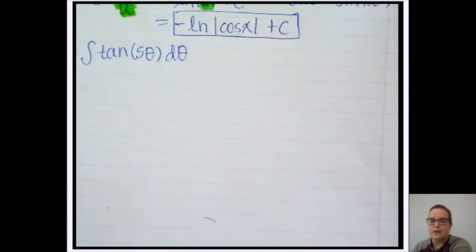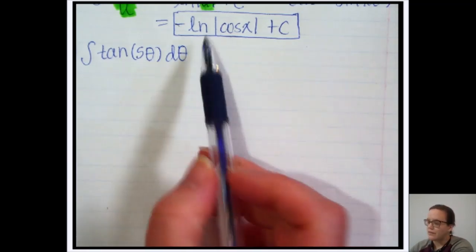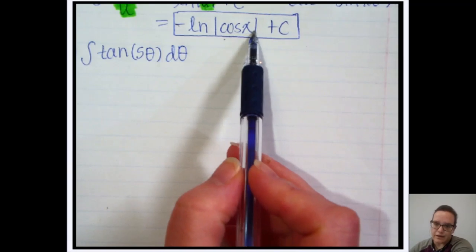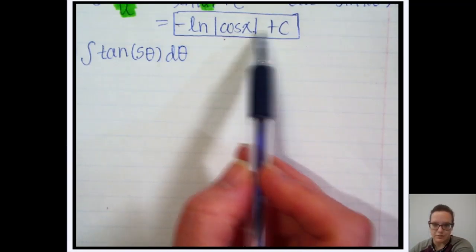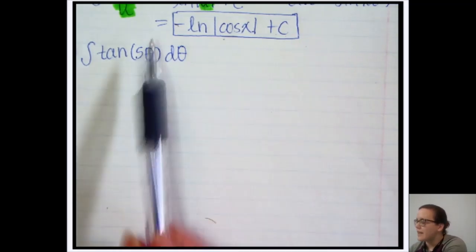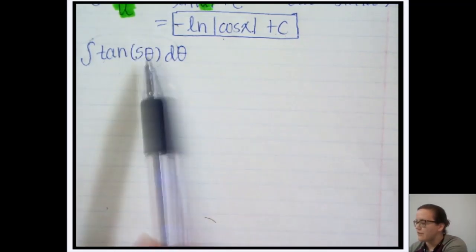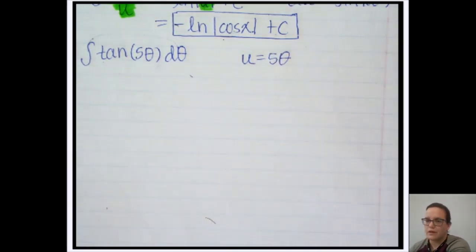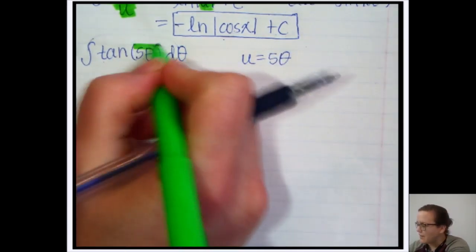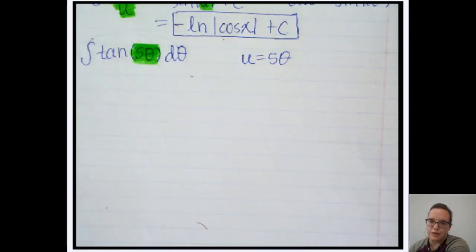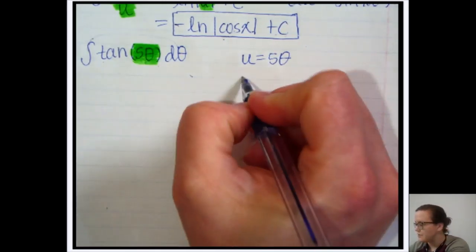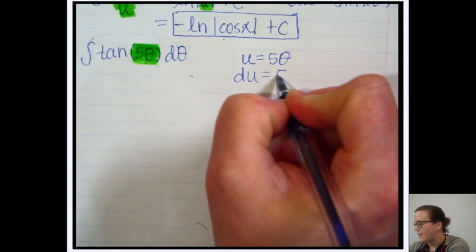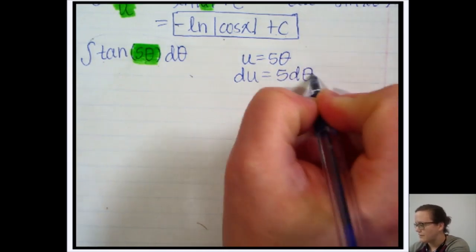Okay, so tangent we just found out was negative natural log of cosine, and instead of x we'll have to use u because we have a more complicated expression, plus c. So in this case we're taking the tangent of something, and so we're going to let u equal that 5 theta. Okay, so remember that inside function is what we let u equal. And so du is 5 d theta.